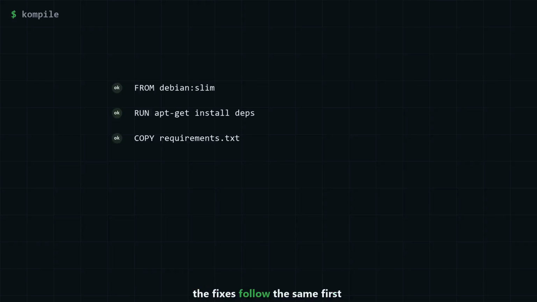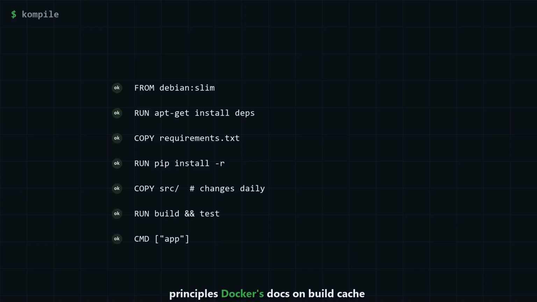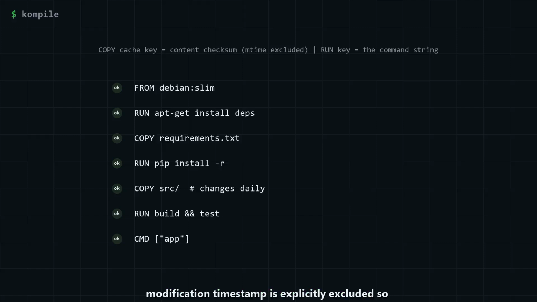The only way to know your actual marginal cost on disk is to read the unique column, not the headline total. Once you can see the layers, the fixes follow the same first principles. Docker's docs on build cache invalidation are specific. For COPY and ADD, the cache key is a checksum of file metadata, and the modification timestamp is explicitly excluded, so touching a file's timestamp alone will not bust your cache, but a real content change will.